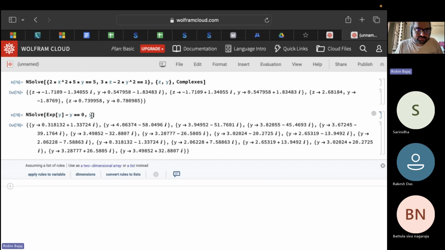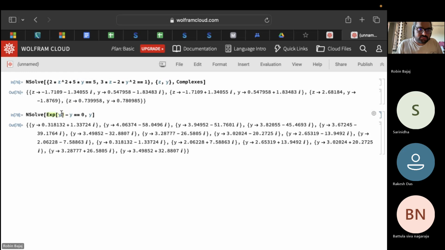That is weird, because if I plot e to the power x and e to the y, they do intersect, right? Let's see that. Let's plot these two functions.